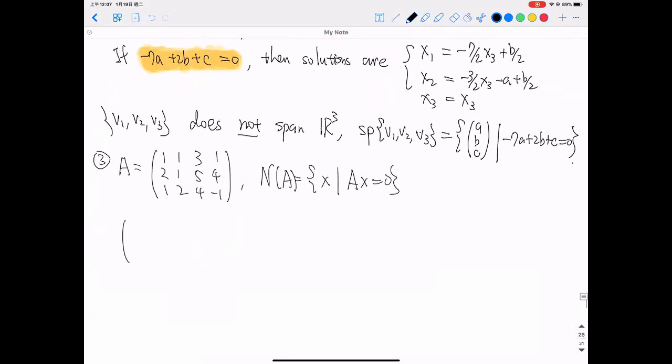And for that, what we do is form the augmented matrix.